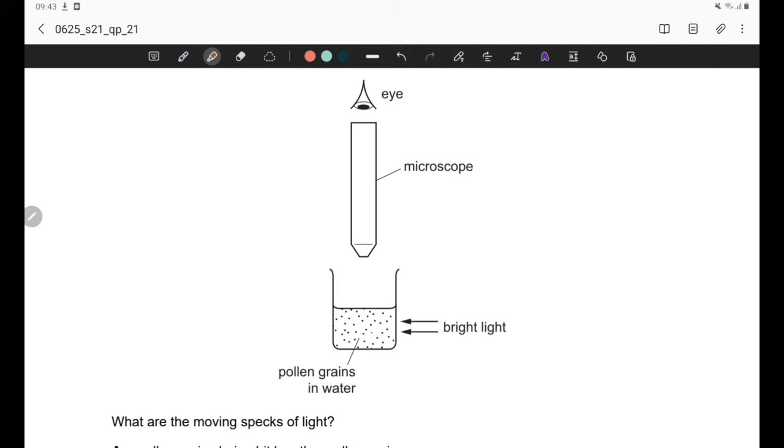So through microscope, if we look, we can see the pollen grains moving. We cannot see molecules of the liquid. That is the most important point you should know. Even though we are using a microscope, we can't see the molecules as their size is too small. We can see only pollen grains.